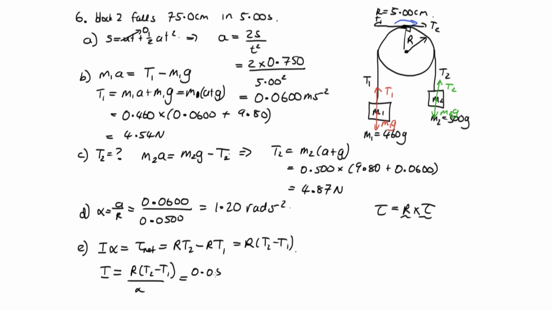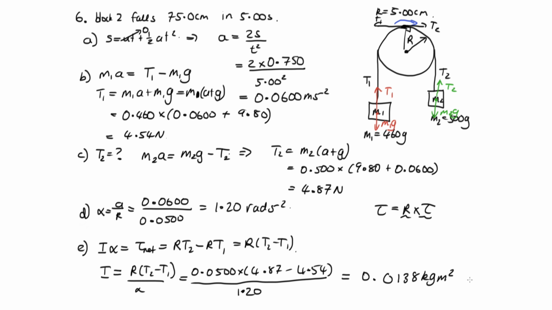We've got 0.0500 times T2, which we calculated here, it was 4.87, minus T1, which we calculated here, 4.54, divided by alpha, which we calculated here and was 1.20. So solving that, we get 0.0138 kilograms meters squared.